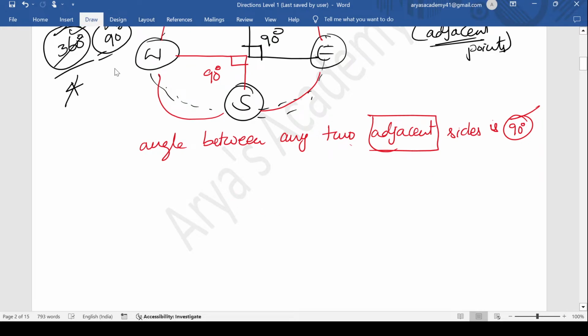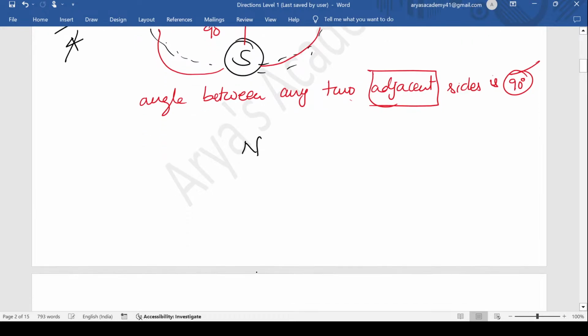Why am I using that particular word? Because let's see, I'll draw one more diagram. North, south, east and west. I have said that the angle between any two adjacent directions is 90. Let us suppose that we are not taking adjacent. North and south are not adjacent. They are exactly opposite, or diagonally opposite to each other. So when two directions are diagonally opposite, then what happens?